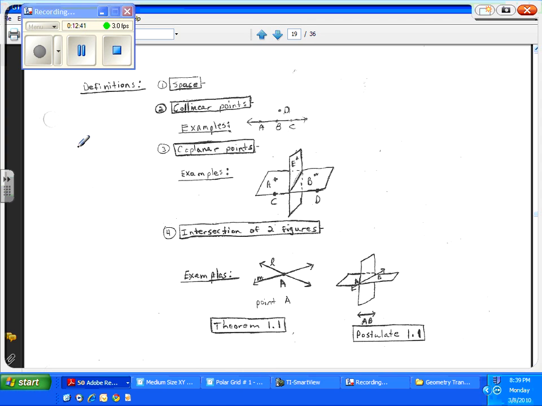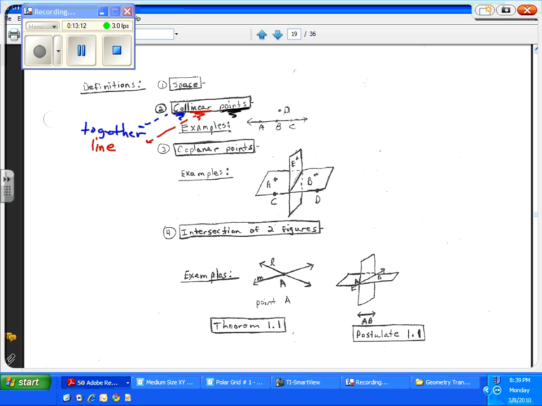Collinear points. If we really understand the English language, then we can know what these definitions are just by knowing what the parts of the words are. Collinear. Co really means together. Co-pilots pilot the same plane together.